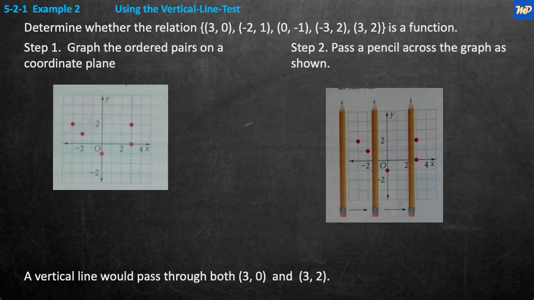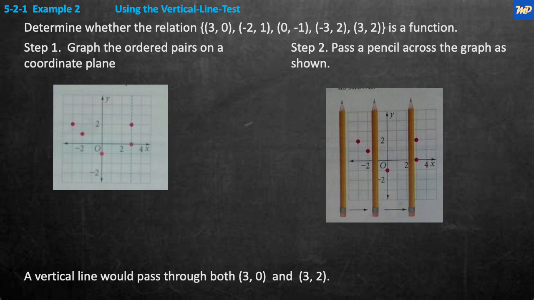So it says determine whether the relation, so there's 5 ordered pairs in this set. We have (3, 0), (-2, 1), (0, -1), (-3, 2), and (3, 2). Those are our ordered pairs.